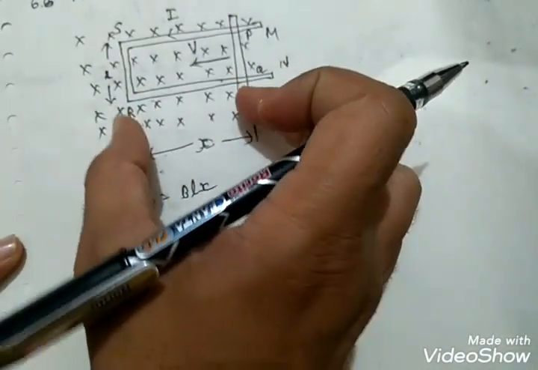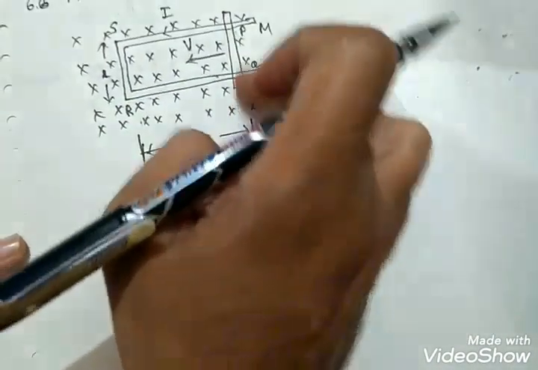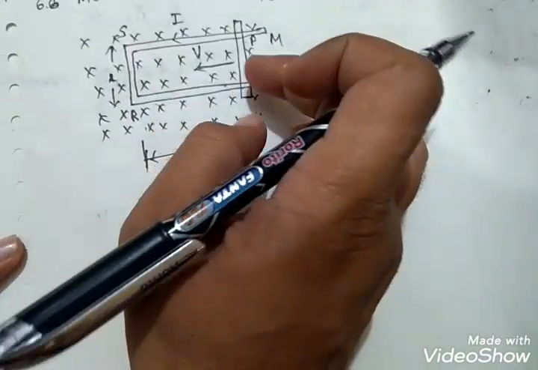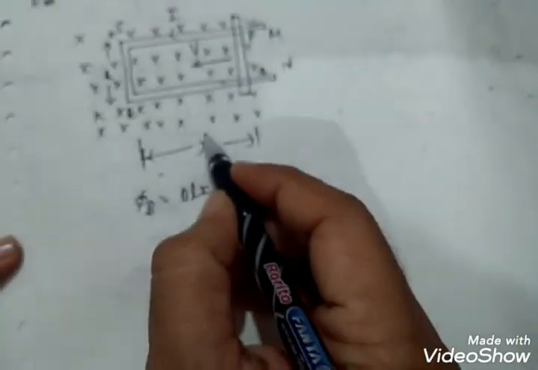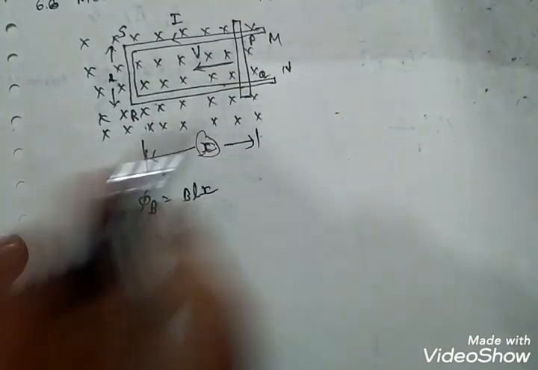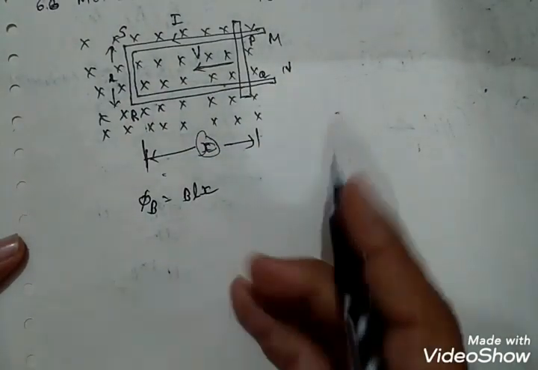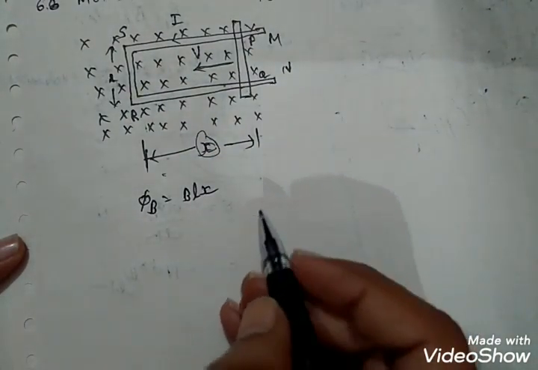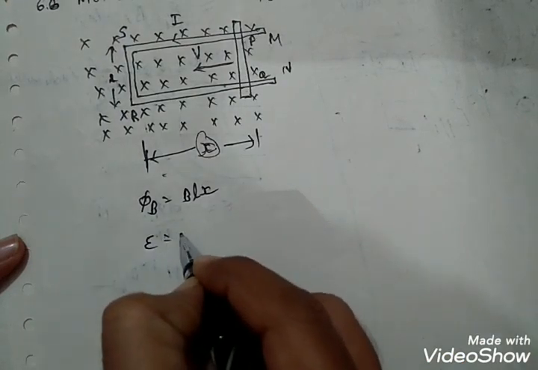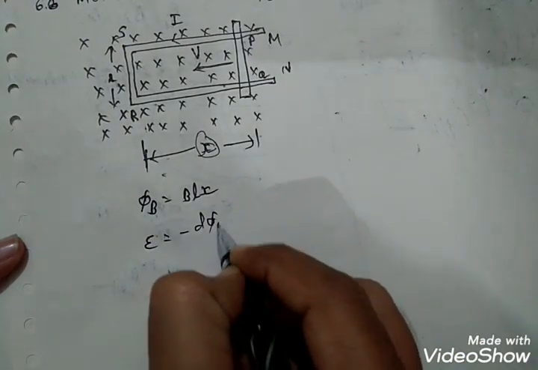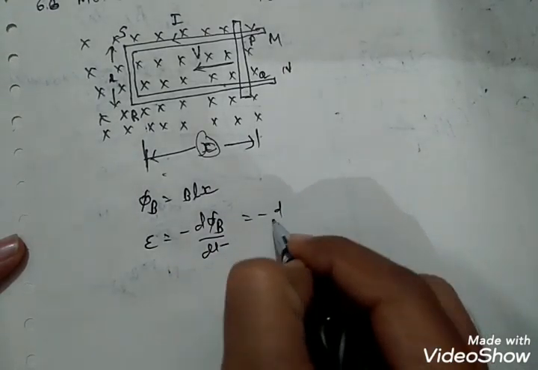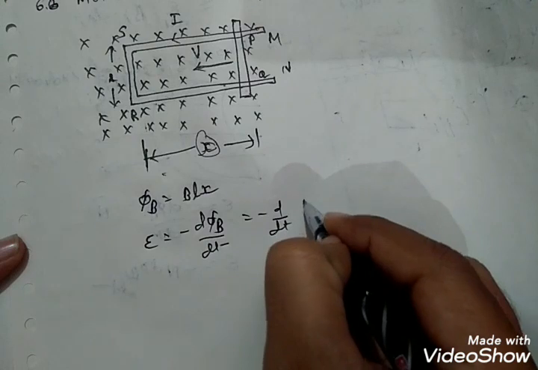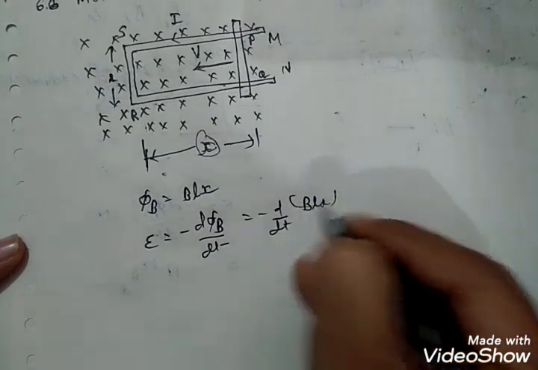Now here PQ is moving from left to right, with velocity in this direction. So now X is changing, and the rate of change of flux phi B will give the induced EMF, given by E is equal to minus d phi by dt. So E is equal to minus d phi by dt of BLX.